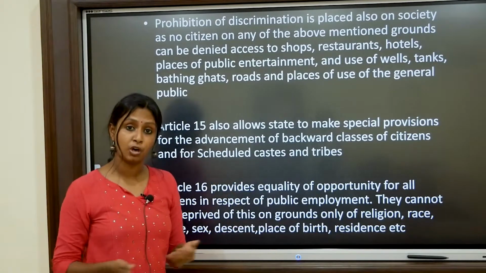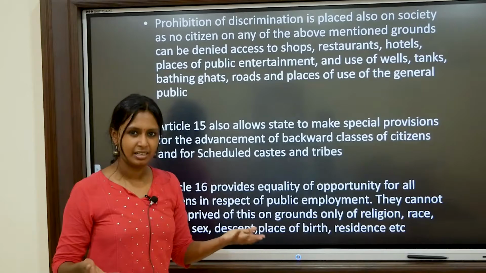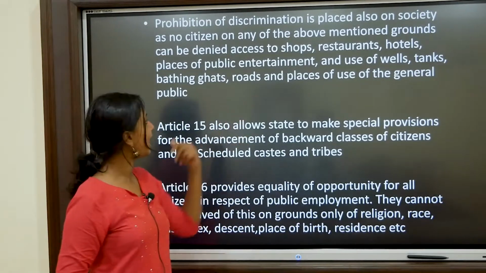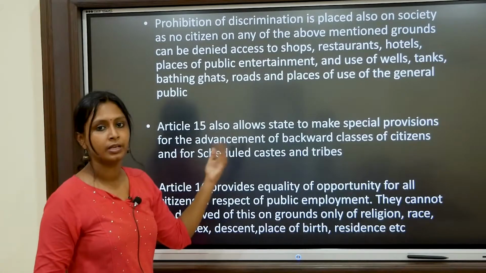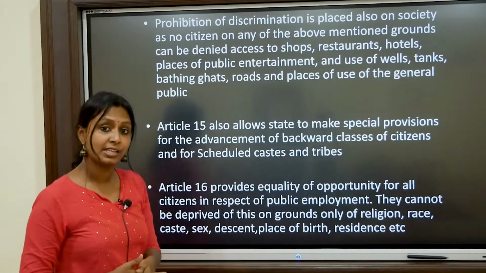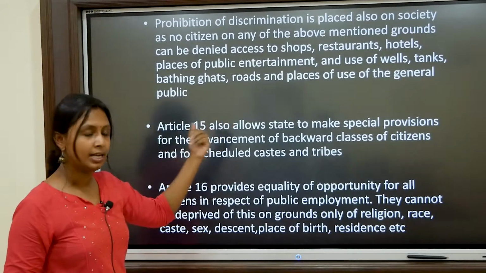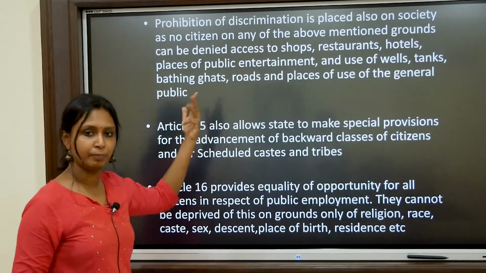Lower caste people were not allowed to enter temples, or use some wells, tanks and roads. Through this constitutional provision, such discrimination is prohibited.